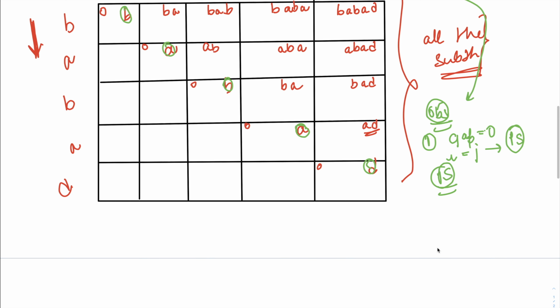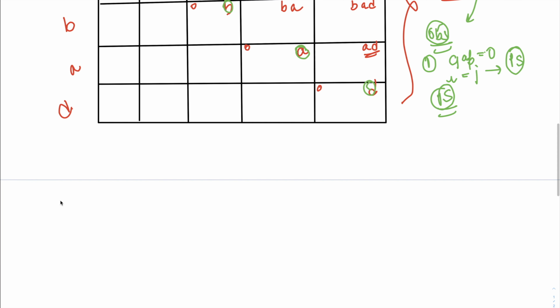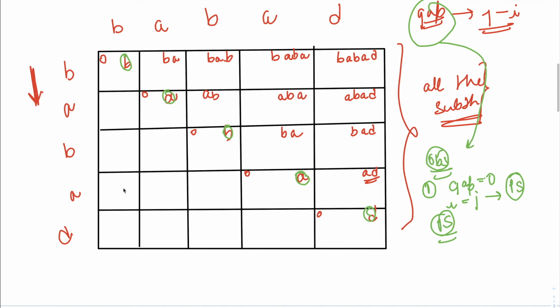The second observation we have is that whenever the gap is 1, we have only two characters. In this diagonal, the gap is equal to 0. In this diagonal, the gap is equal to 1, then gap is equal to 2, gap is equal to 3, and gap is equal to 4.